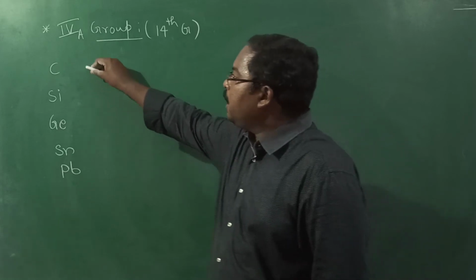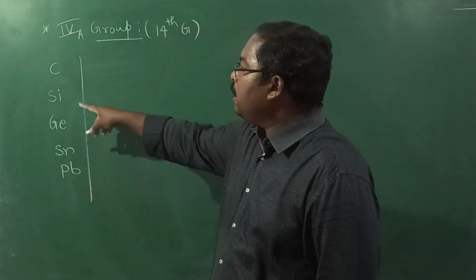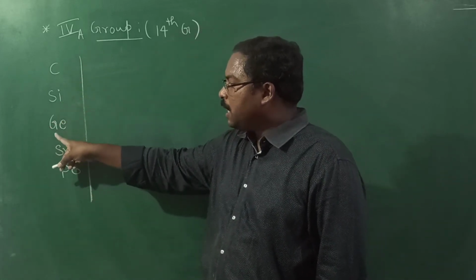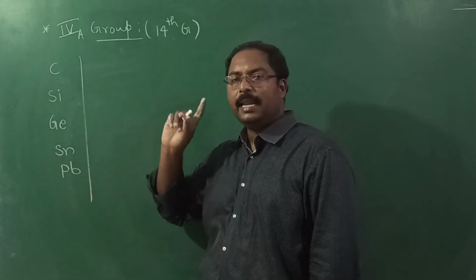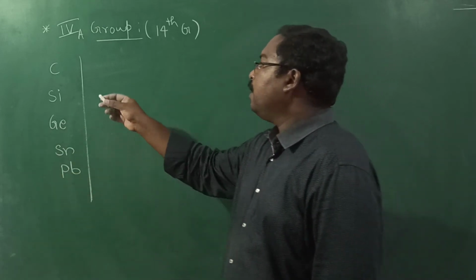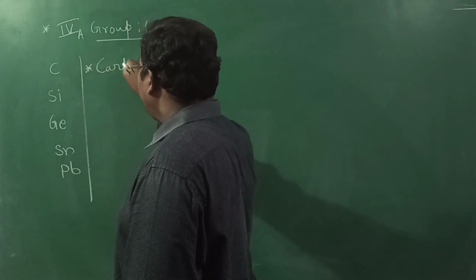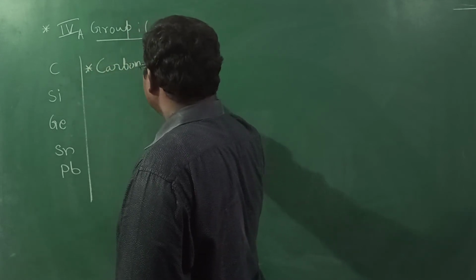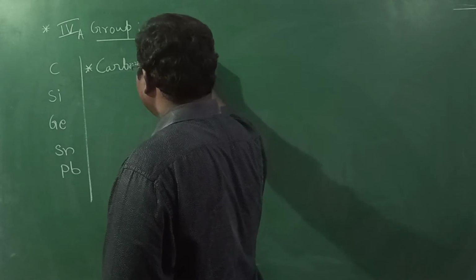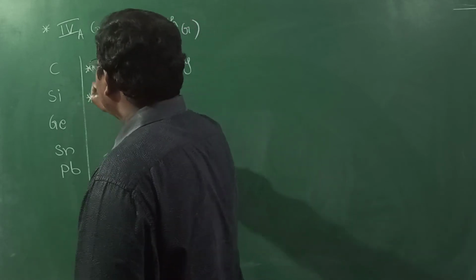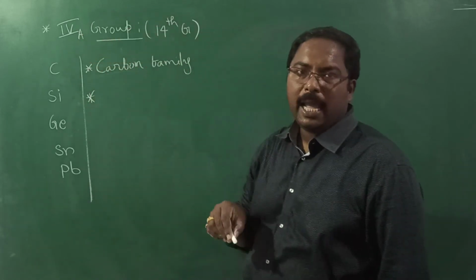So the elements of this 14th group are carbon, silicon, germanium, tin and lead, and these are commonly called the carbon family. And so it is present in the fourth A group.